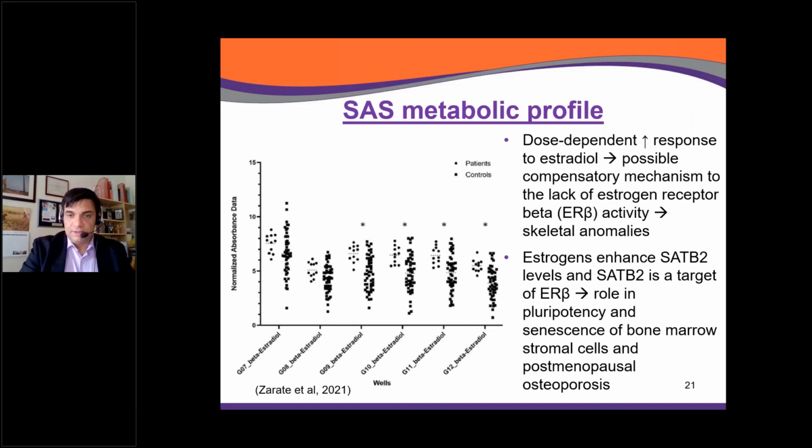So there is a role for ACTB2 in pluripotency and senescence of bone marrow stromal cells, and it might be related to postmenopausal osteoporosis. So if you imagine removing ACTB2 from that pathway, in the presence of ACTB2 mutations or deletions, we might have a disruption of the estrogen receptor beta mediated regulation of bone growth and stability, and that might be reflected in the skeletal abnormalities described in these patients.